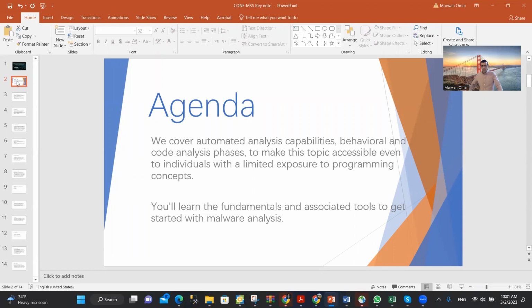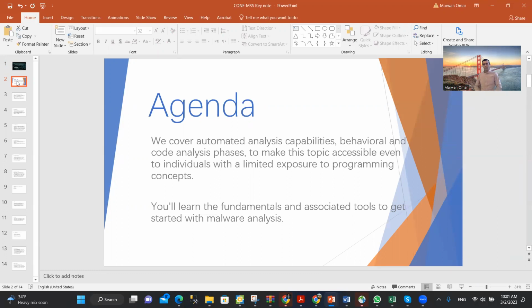So again, we are going to cover the automated analysis capabilities. How do we analyze malware using automated tools such as VirusTotal, AlienVault Threat Exchange, for example, and others? And then how do we move on to the next phase after we are done with the automated analysis? The next step would naturally be the behavioral analysis of the malware.